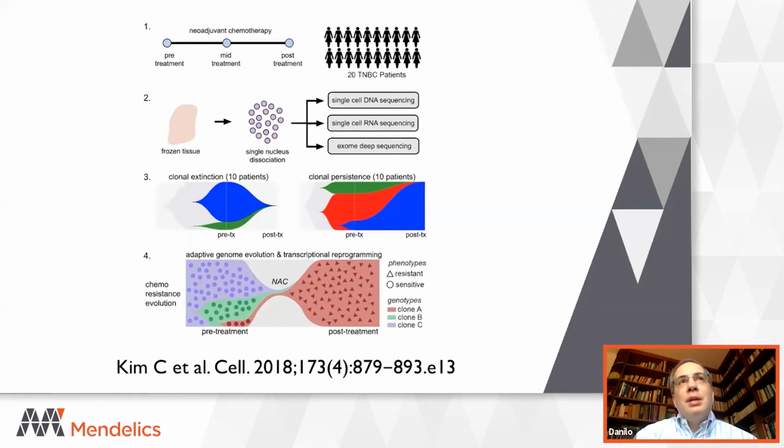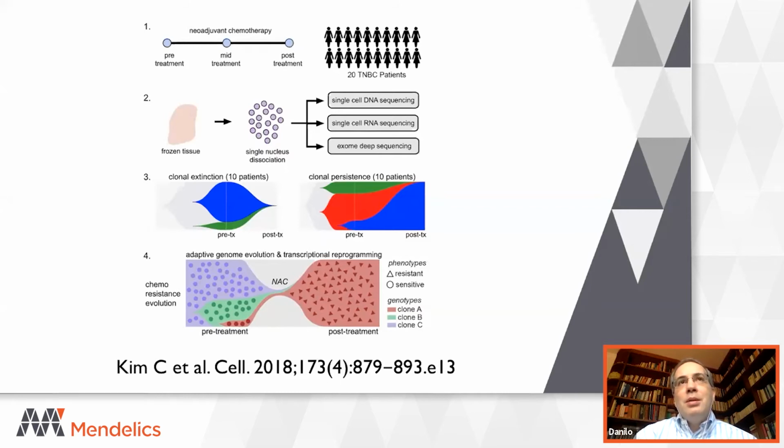And when they tested, they saw that half of the patients had total clonal extinction after the neoadjuvant therapy. And in the other half of the patients, they found that one small subclone just grew after the treatment.